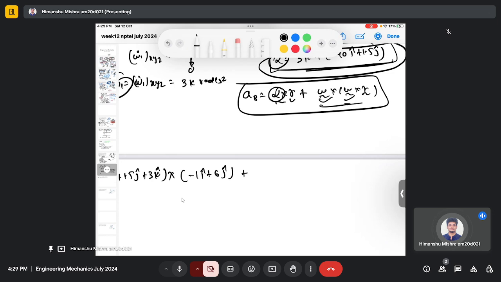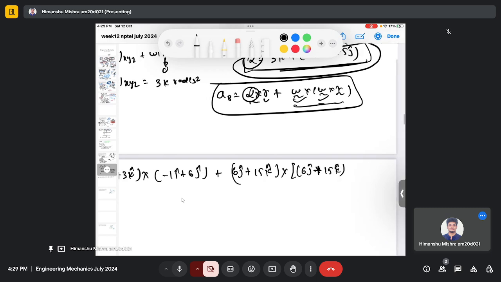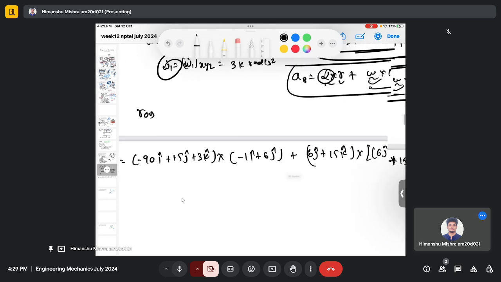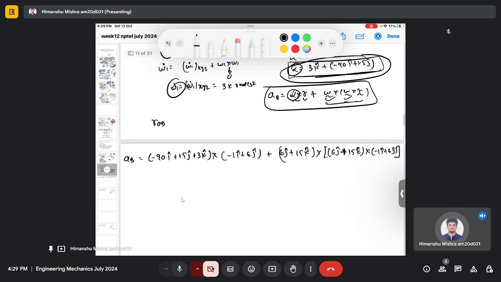Then omega cross omega cross r, which is given as, this is my omega cross omega cross r. So overall we need to solve this equation, and in vector quantity it's pretty simple to solve. So I'm solving this.